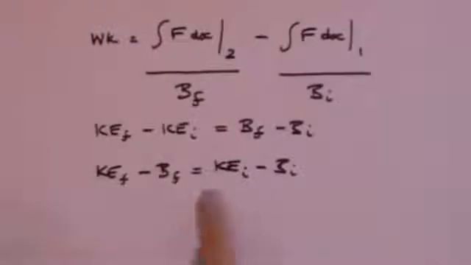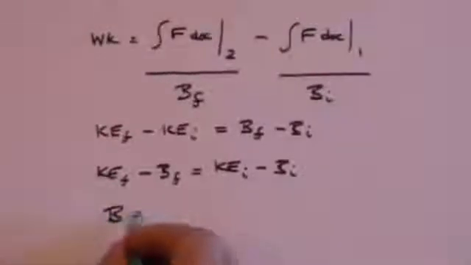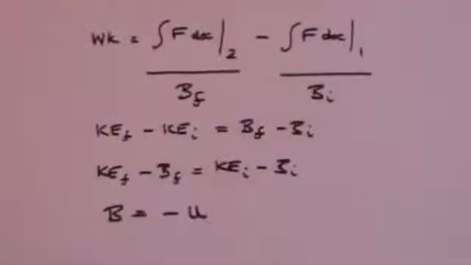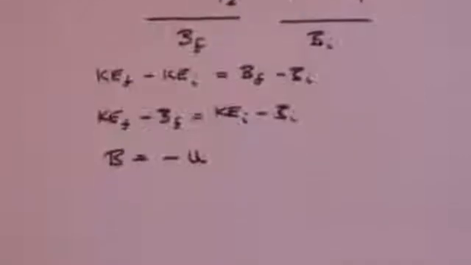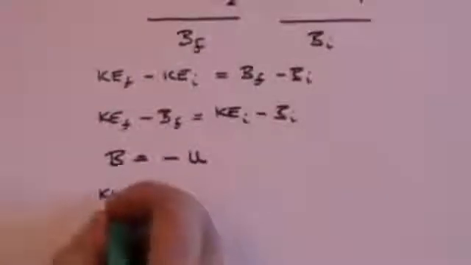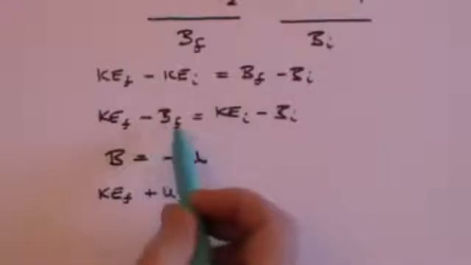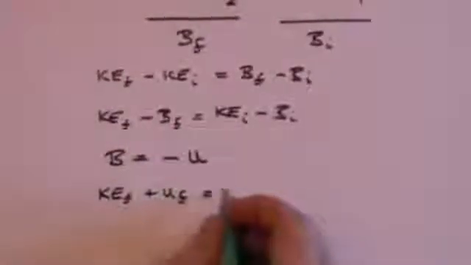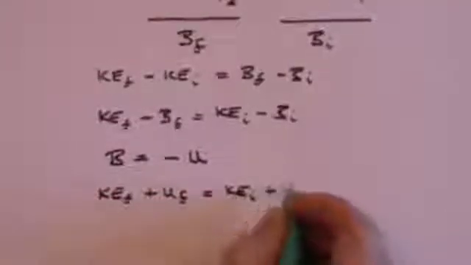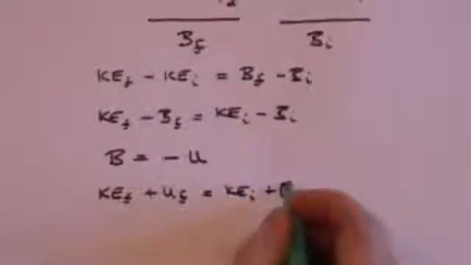I can achieve that very easily by just redefining: let B equal minus U. We don't yet know what U is, but hang on in there. Then KE final plus U final, because B is minus U, is equal to KE initial plus U initial.